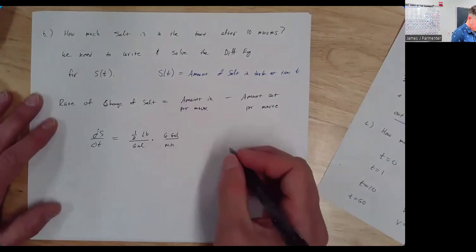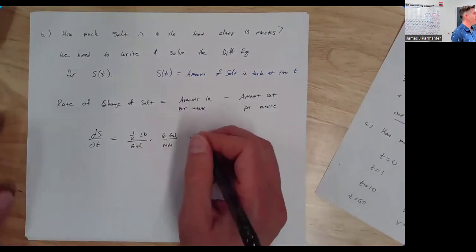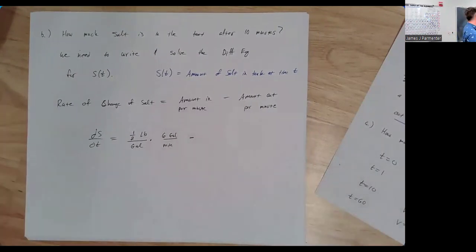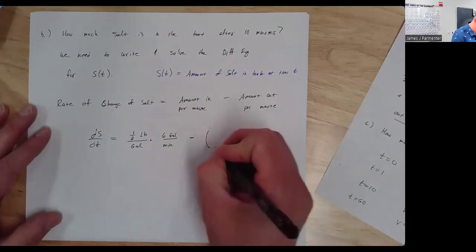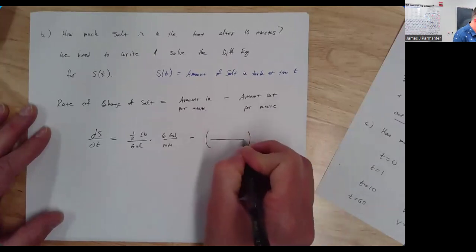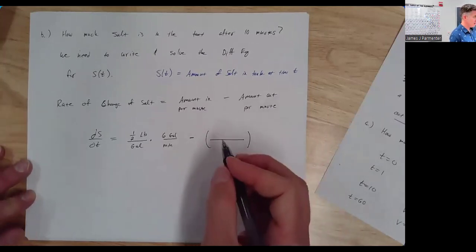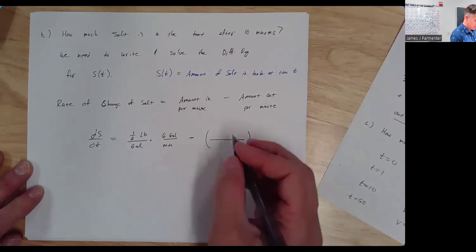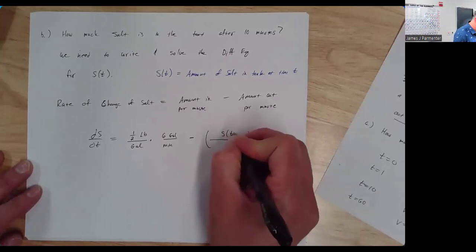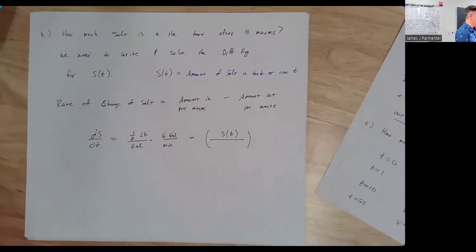The amount that's going out of the tank, well, this is the part that's always challenging, I think. I should say, this is the most challenging part of the setup: the concentration that's going out. So the concentration that's going out is the amount of salt in the tank, which is S of t, the amount of salt in the tank at time t, divided by the volume of the tank.